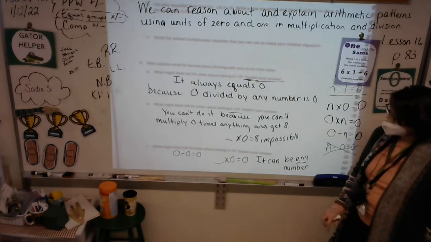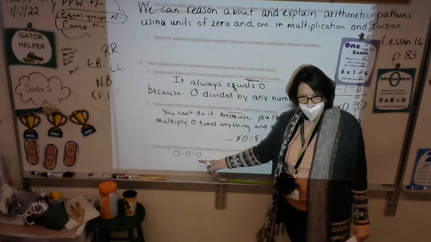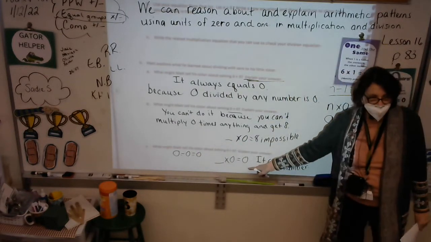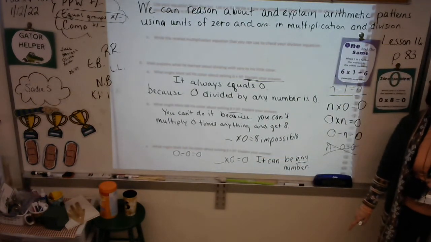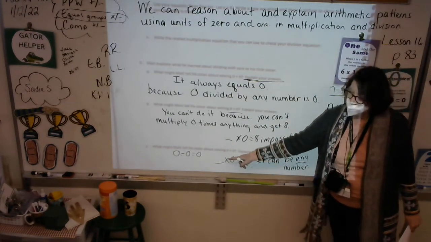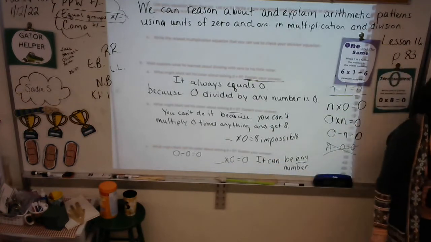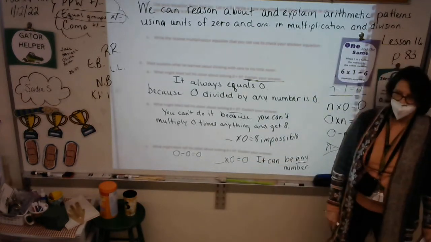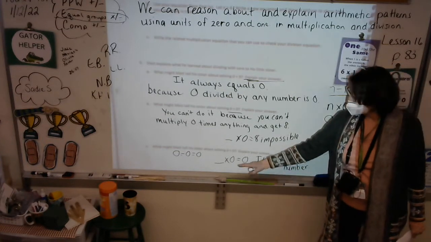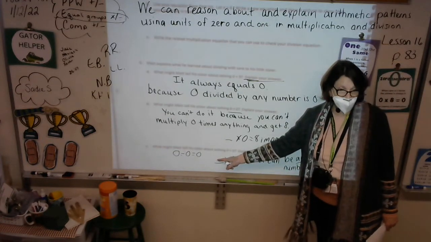If you need to, I would make sure I write these two number sentences. Because isn't this that division sentence written backwards? And when you write it like this, it's really easy to see. You can put 5 in there. 5 times 0 is 0. You could put 72 in here, couldn't you?